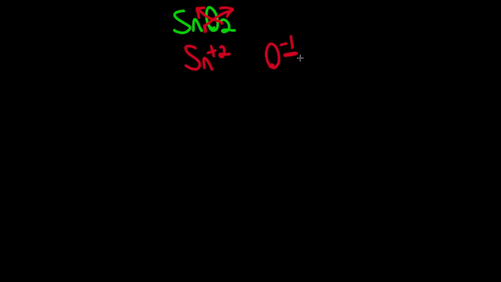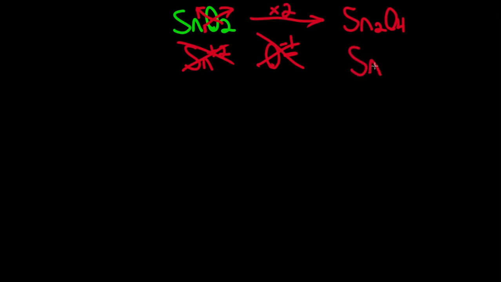It should throw up some flags. So what I'm going to do is multiply this by 2, times 2, in order to get, let me reverse crisscross that for you. So I end up with Sn +4 and O -2, which is good. I'm down with this. Happy face.